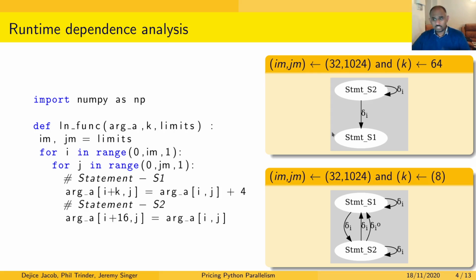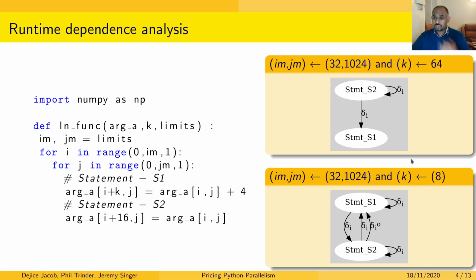All instances of S1 can be executed in parallel, but on S2, because of the cyclical dependence carried by the outer I loop, the outer I loop should be executed sequentially around S2, allowing the inner loop to be executed in parallel.